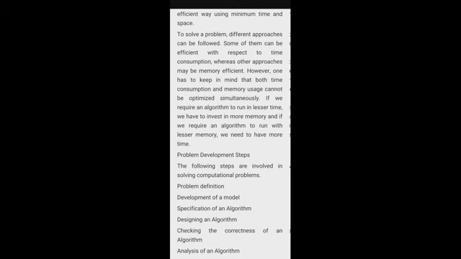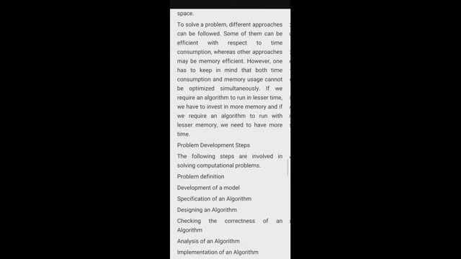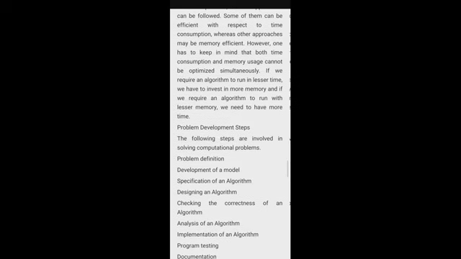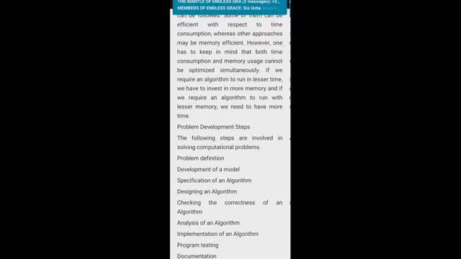The first thing needed here is the problem definition. The following steps are involved in solving computational problems. The first thing is problem definition. Problem definition is about understanding the problem you've encountered, the problem you are about to solve.